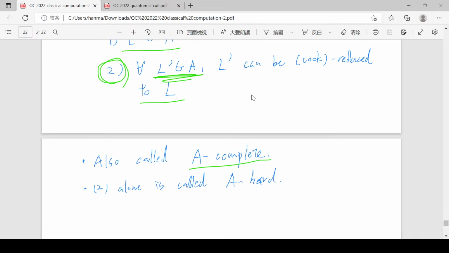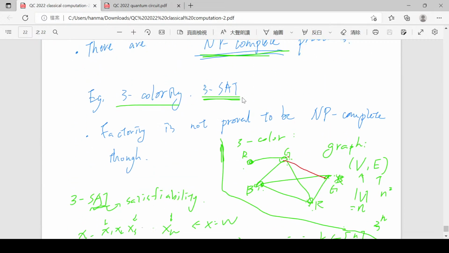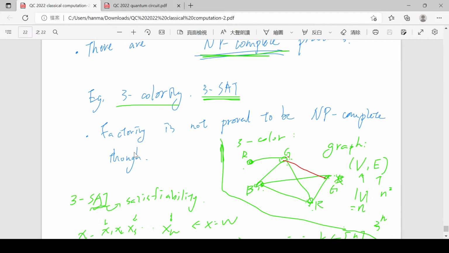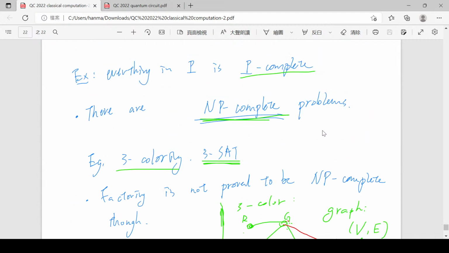So if you can solve any one of those NP-complete problems, like 3-coloring or 3-SAT, you can solve everything in NP. But also not everything in NP is NP-complete. For example, factoring. Well, we cannot really say it's not NP-complete, but it has not been shown to be NP-complete. And people believe that it's not NP-complete.